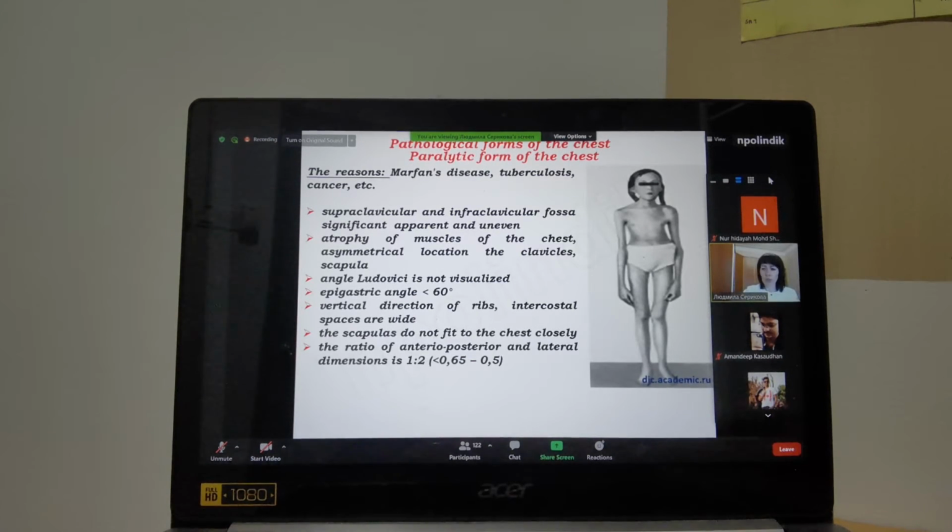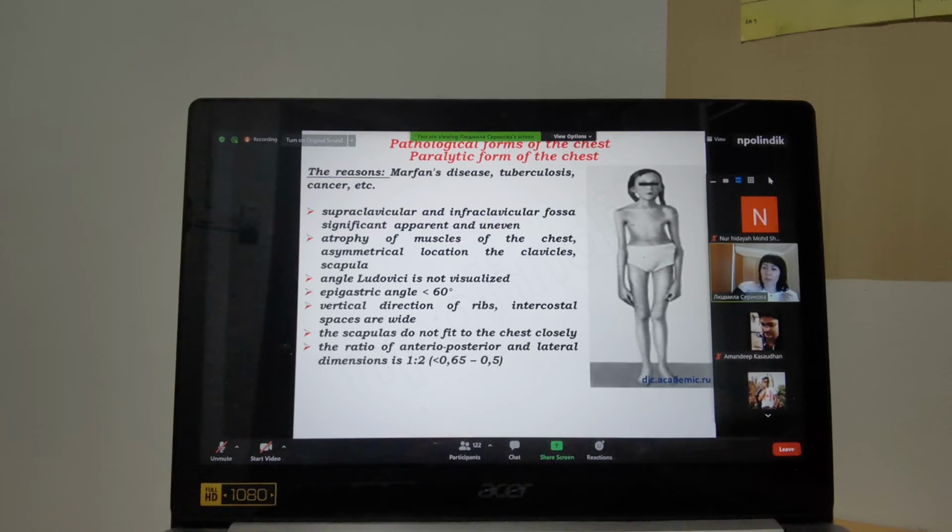What are the main characteristics? You can read many things written here. The paralytic form of the chest looks like the asthenic form and has its characteristics. What is the difference? It is usually asymmetrical. The position of the clavicles is asymmetrical, and the supra- and infraclavicular fossae look different.